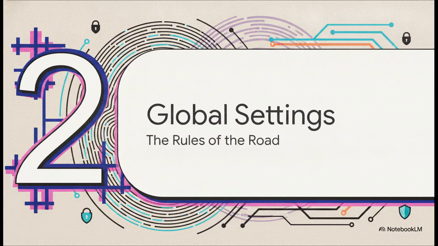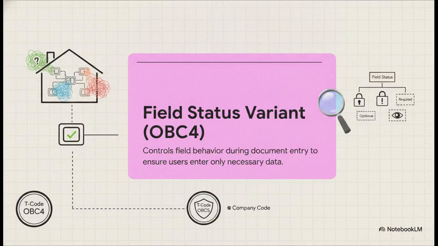Moving on to Section 2, Global Settings, the Rules of the Road. Imagine a house where every single light switch does something completely different every time you press it. Total chaos, right? Well, in SAP, to control exactly what users see and enter during transactions, we use a field status variant. Configured using T-code OBC4, this brilliant little tool controls field behavior during document entry.